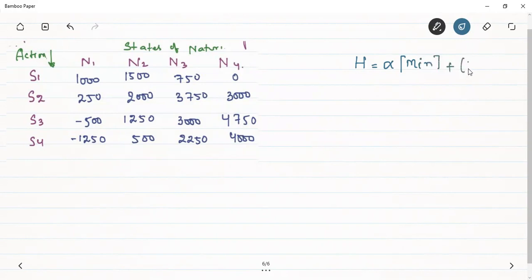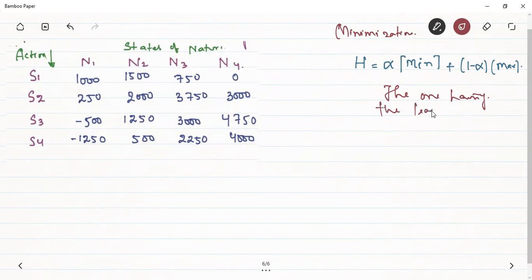plus 1 minus alpha into the maximum value, for each course of action. And since this is the problem of minimization, the one having the least value of H will be selected.